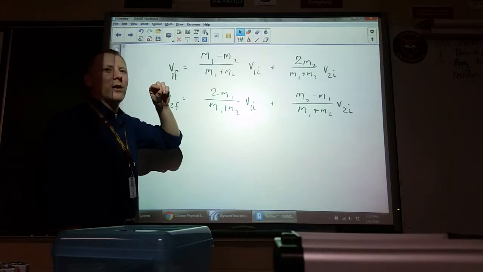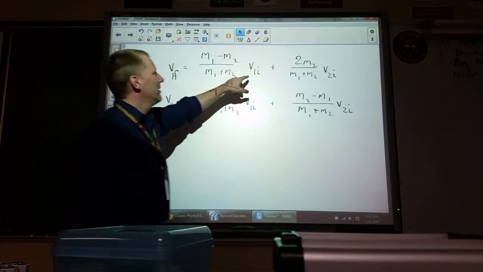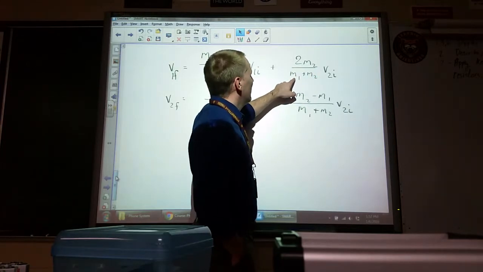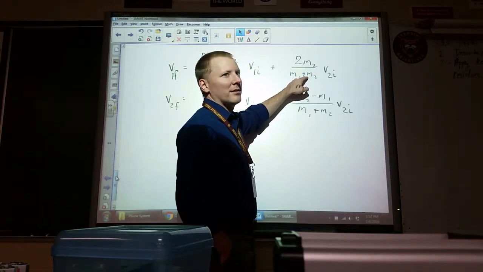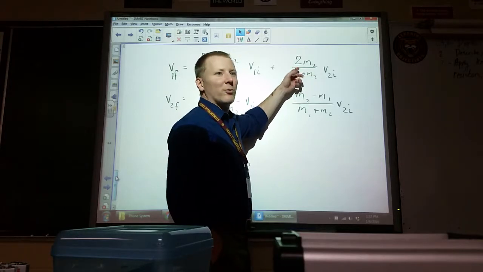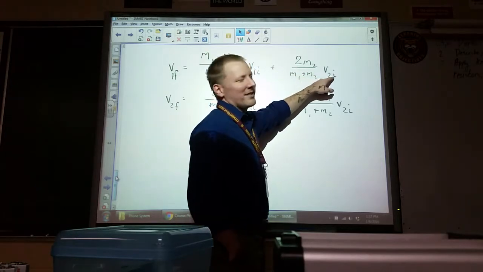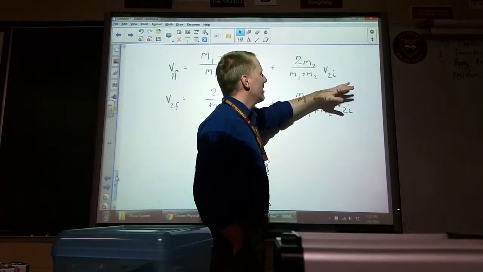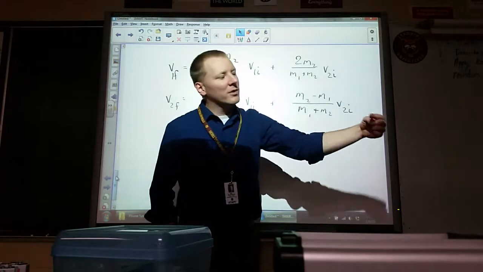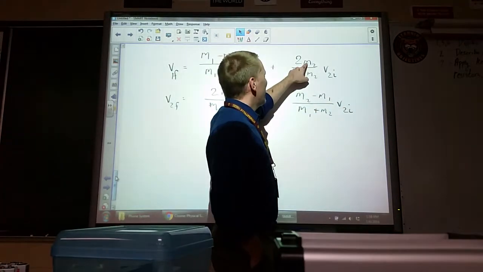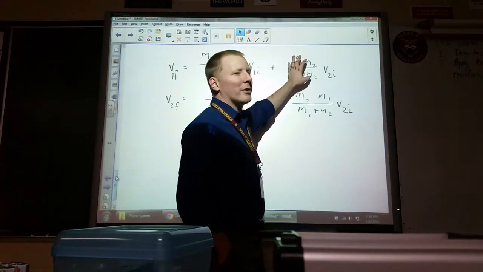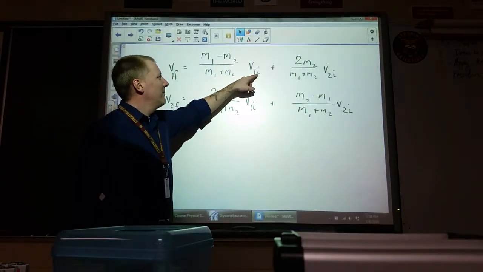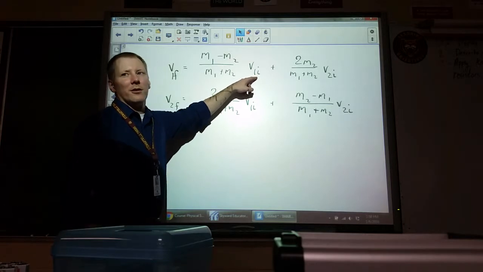Just a little less than 1. But it's about 1 times that. And then we've got 2 times something really small over something big plus a little bit. This is really small, and that's also an initial velocity of 0. So this term's not going to affect it at all, but even if number 2 is coming in, because this mass is so much bigger, it wouldn't have much effect. So what we should see is a speed a little bit less than this, but pretty darn close.